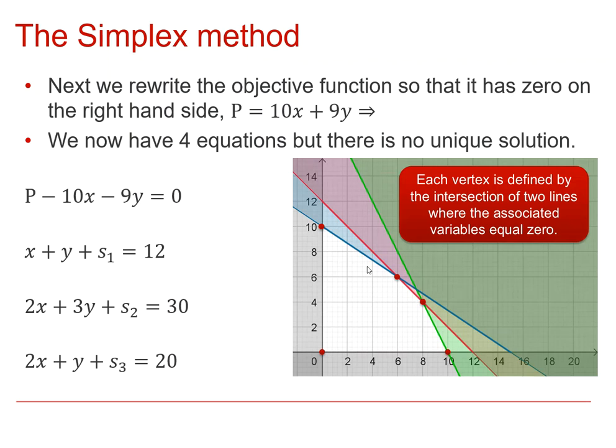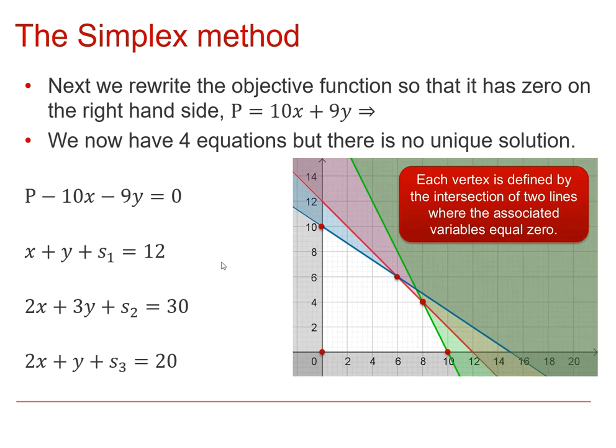So for example, if we look at this red line, that has the equation x plus y equals 12. So if we're anywhere on that red line, then S1 would have to be equal to 0 for x plus y to equal 12.